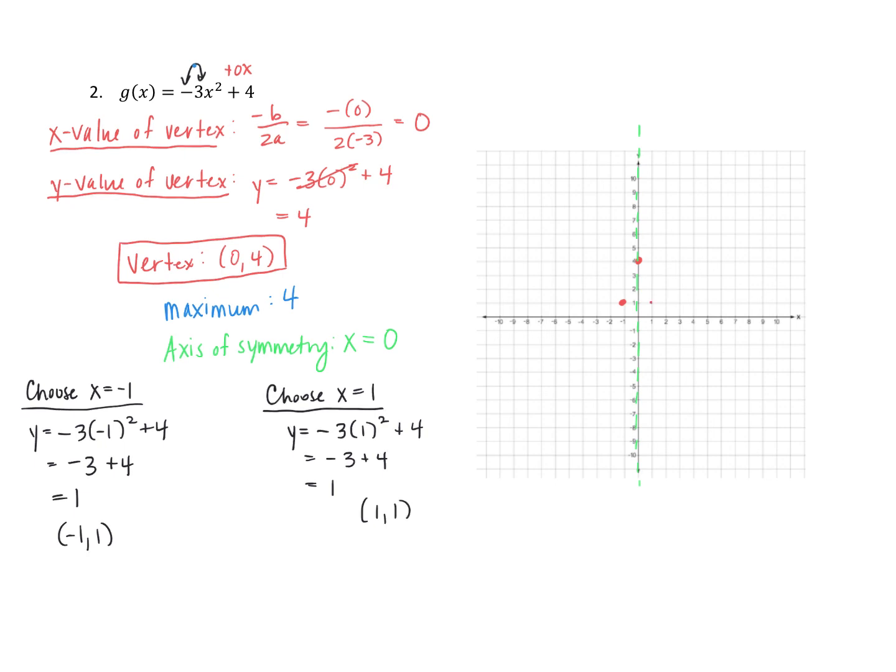And you can see that those look about the same distance away. In fact, they are exactly the same distance away from the axis of symmetry, because it's symmetric about that line. And so now we can connect those to make our graph. We know it's going to be a kind of a U shape, a parabola, and that would be the sketch.